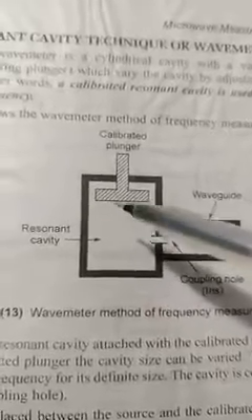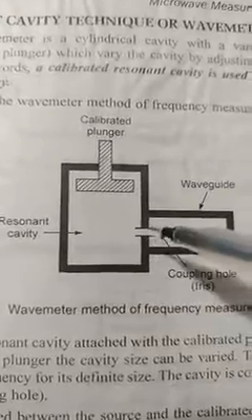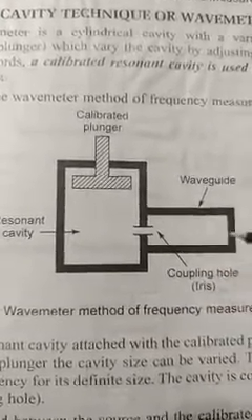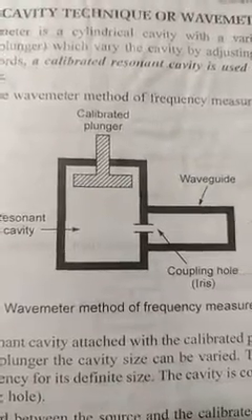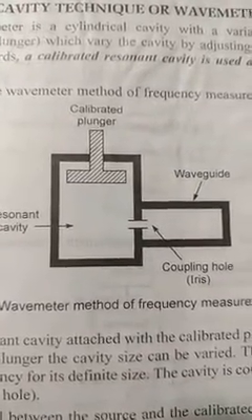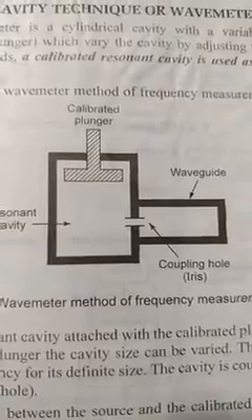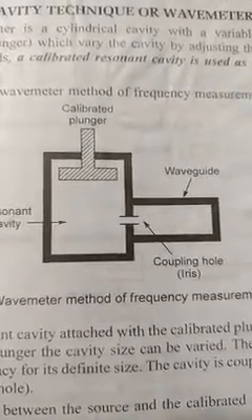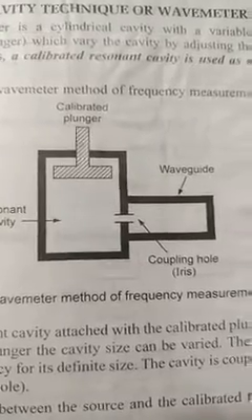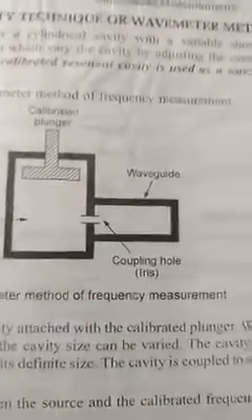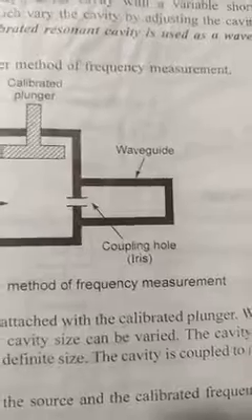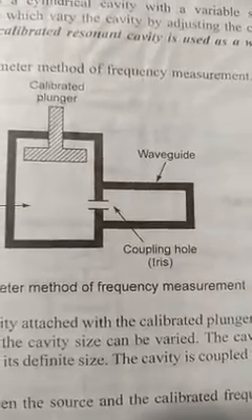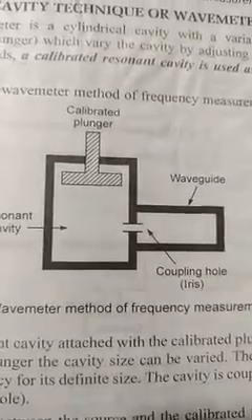After the wave meter, one attenuator is there, and then we have connected the slotted line carriage, and then we can connect the VSWR meter, or the slotted line carriage is terminated to its load, so we can have the meter for reading purposes.